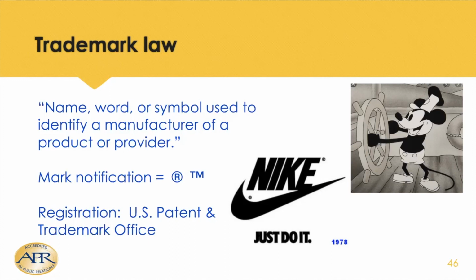One of the challenges that Disney is facing, if you're a Disney fanatic, of course, being in Orlando, so many of us are, is that the copyright on Steamboat Willie is set to expire in 2023. So the question is, what will happen when Steamboat Willie enters the public domain and anybody can use it? There's a sense that Disney will be able to protect it under trademark law, because they also protect the Mickey Mouse image under trademark law.